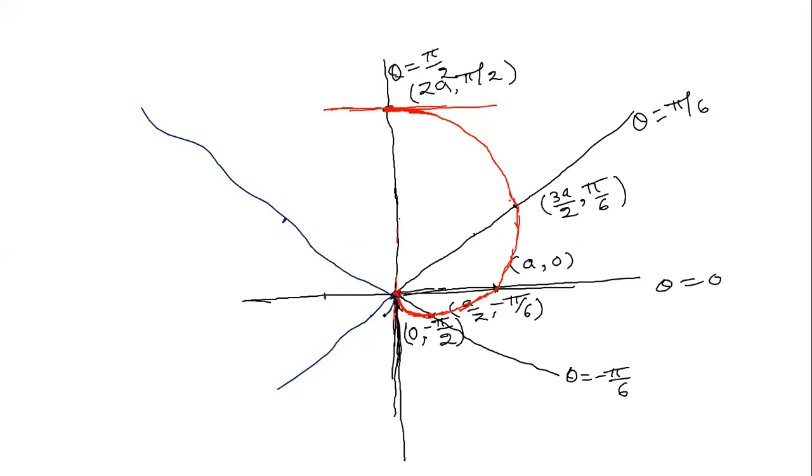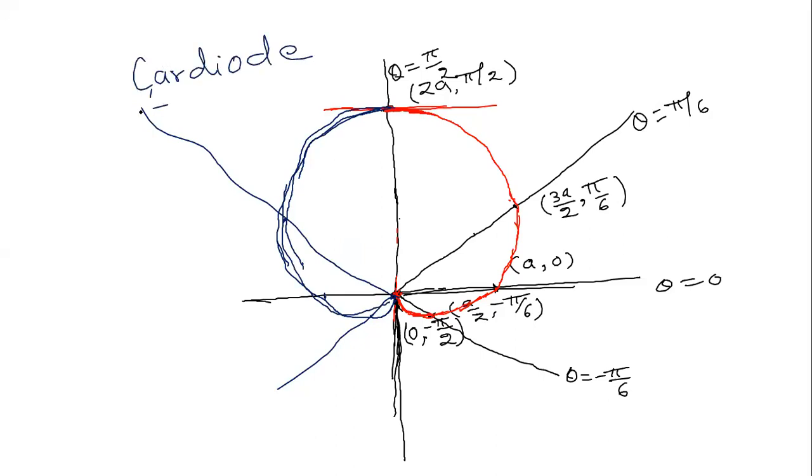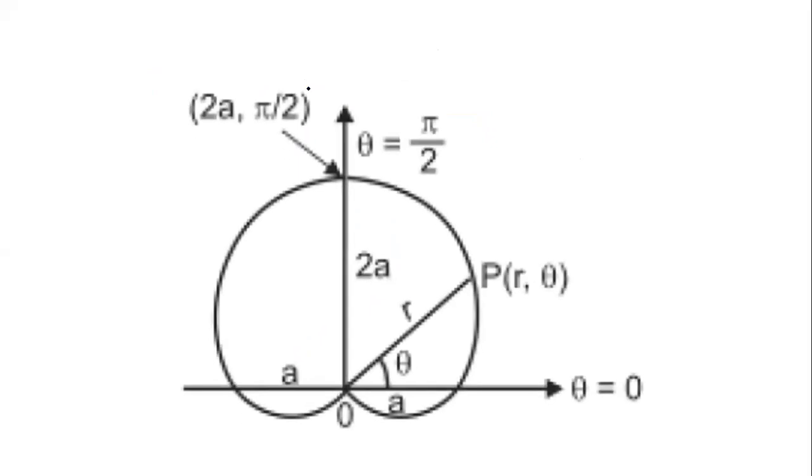So it will be like this. So this is going to be the rough nature of the curve, and this is called a cardioid. Okay, it is looking like the shape of a heart, so it is a cardioid. So this is the nature. Okay, this was problem number 1.